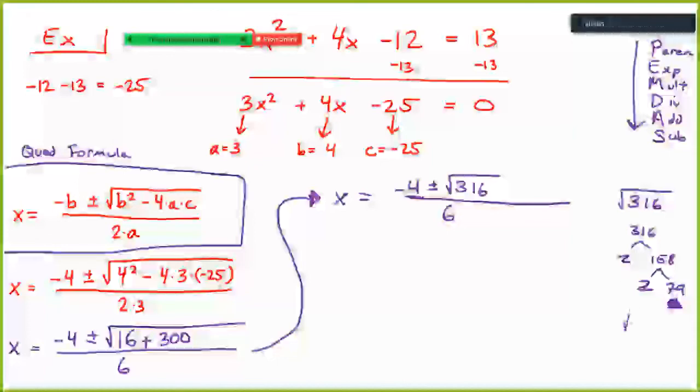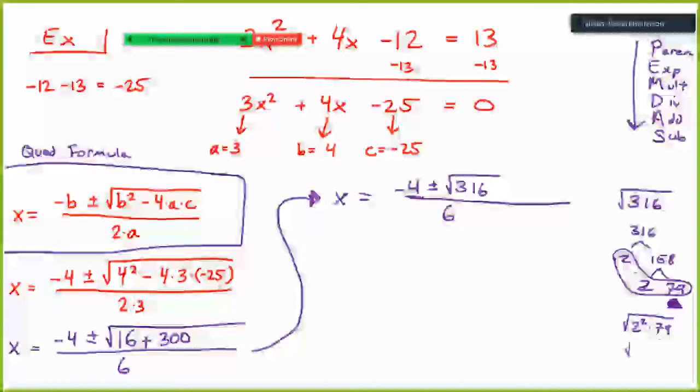So what's happening here is we've got root 316, and it's really 2 times 2 times 79. Okay, it's really these things at the end of the factor tree multiplied. So it's 2 squared times 79. Now, remember how square rooting cancels squaring?